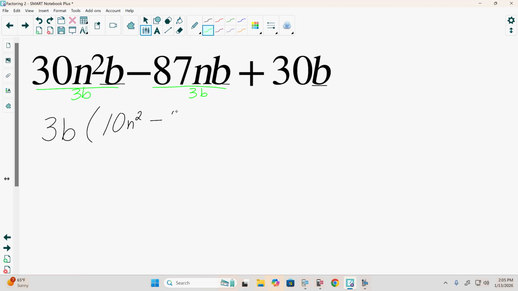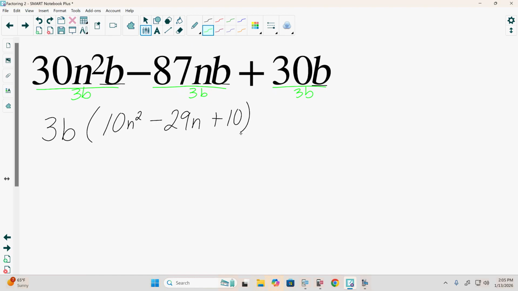Focus in, guys, focus in. 29n. And the b factors out completely. And lastly, 30b divided by 3b. Well, 30 divided by 3 is going to be plus 10. And the b factors out completely.